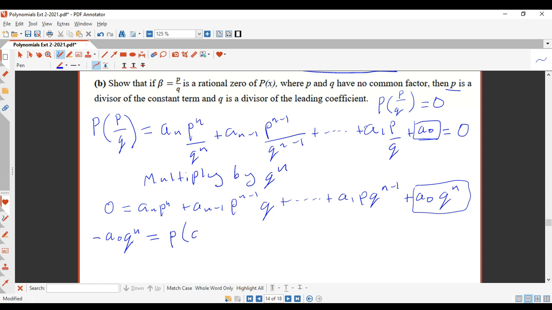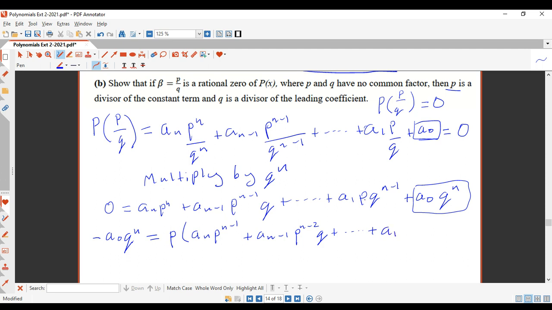So that'll be a_n p^(n-1) plus a_(n-1) p^(n-2) q, and then plus dot dot dot, then plus a_1 q^(n-1).